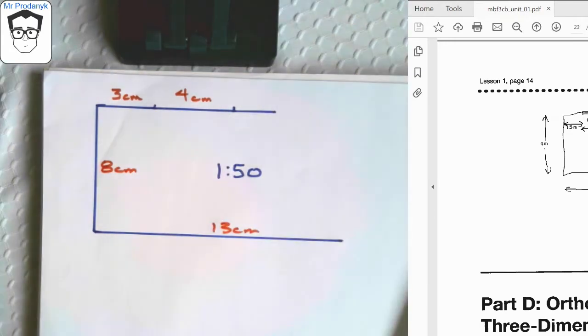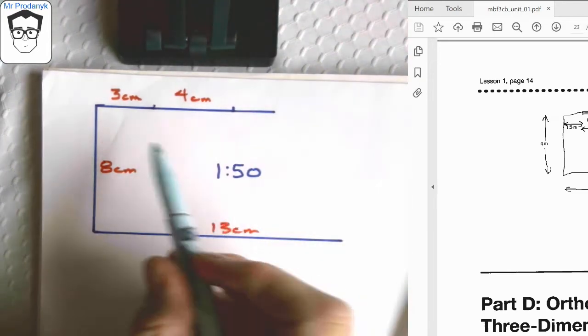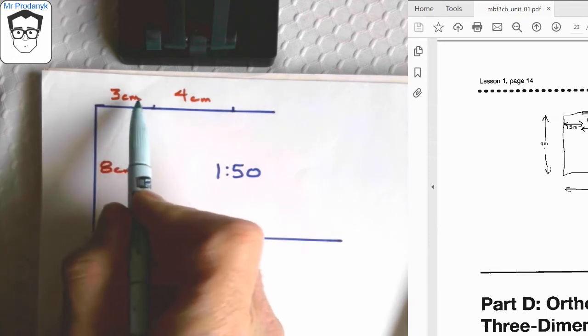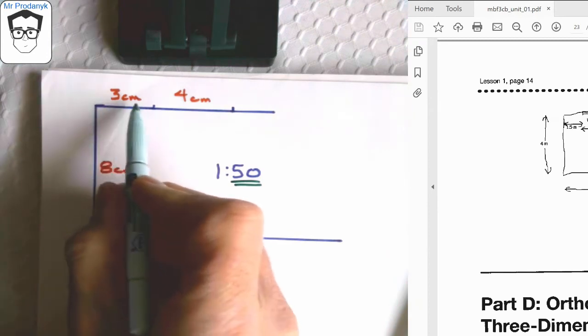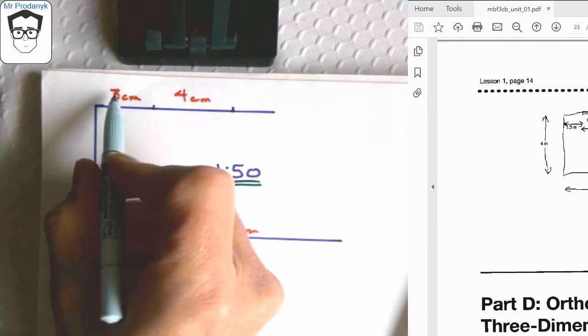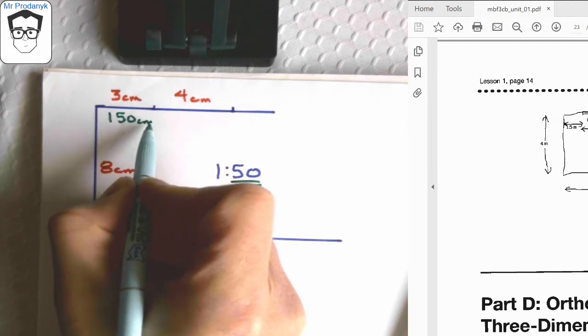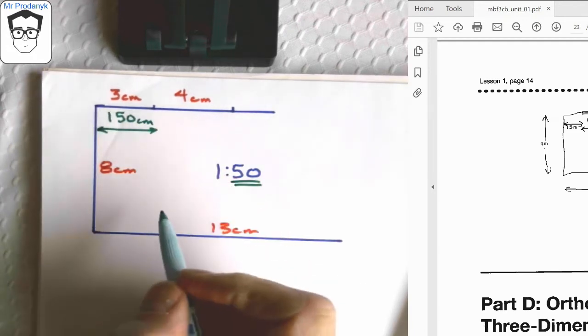But in reality, what do those measurements represent? Well, because it's 50 to 1, a person would pick up this drawing and they could measure that out and realize that whatever they measured here, they're going to have to multiply that value times 50 to get the real construction size. So when I multiply 3 times 50, in reality, that length from the wall to the edge of the window is going to be 150 centimeters.